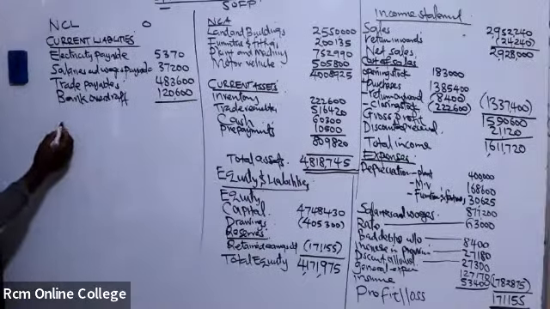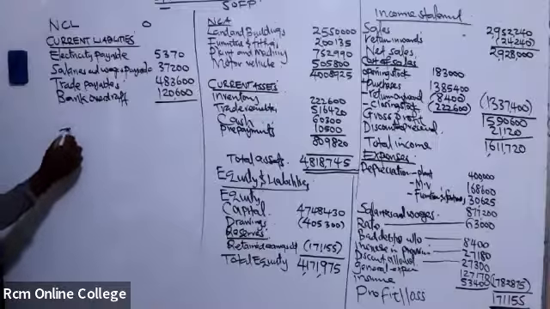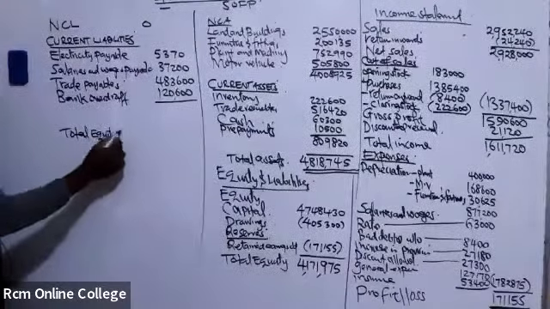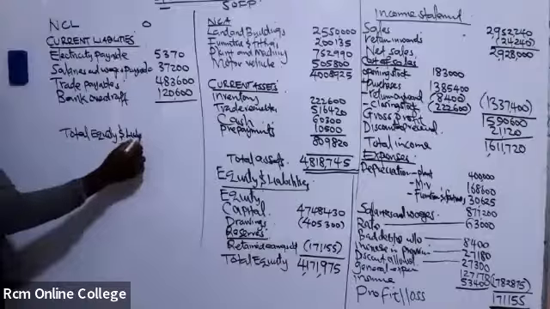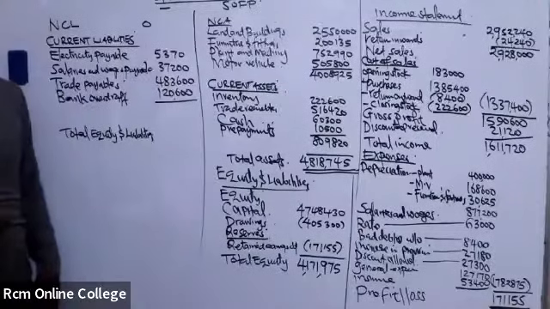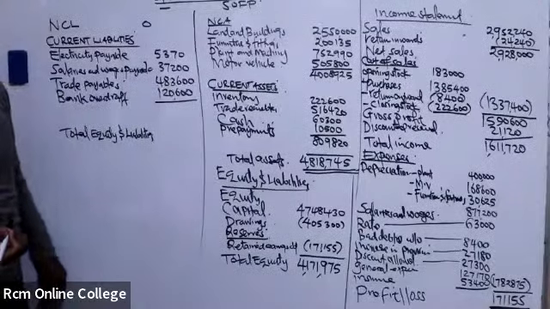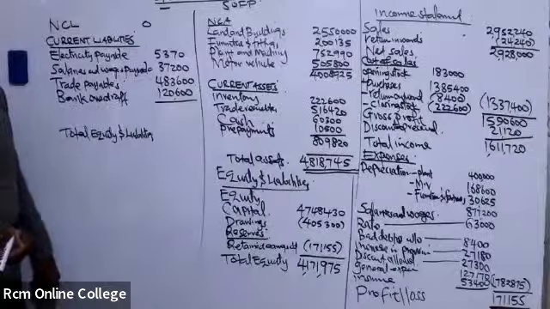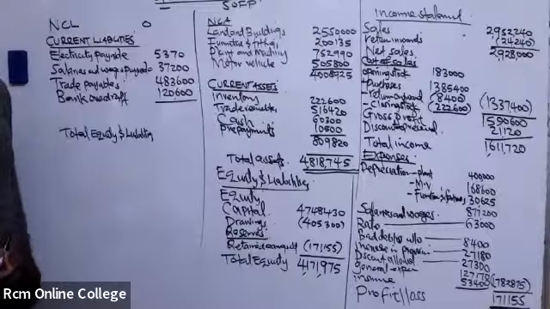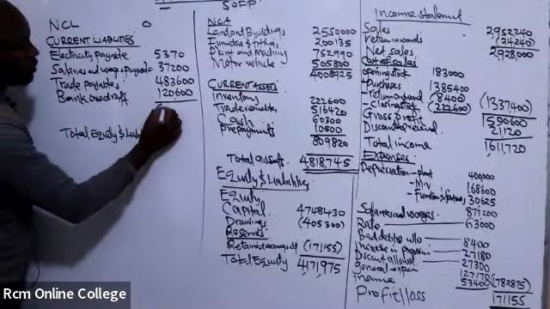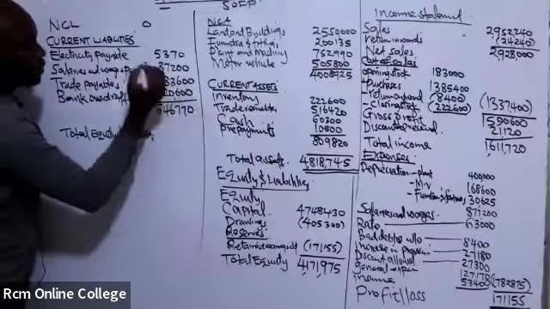Then we get now total equity and liabilities. Total current liabilities. Somebody. It seems Ruth is having everything. 646,770. Good.